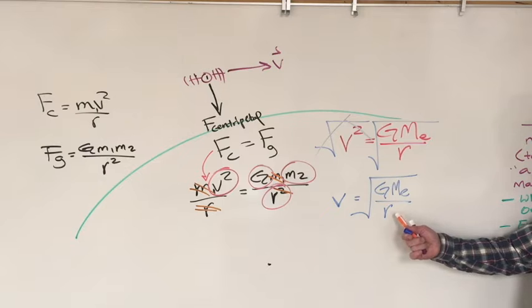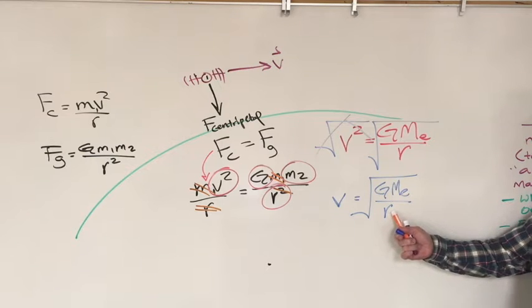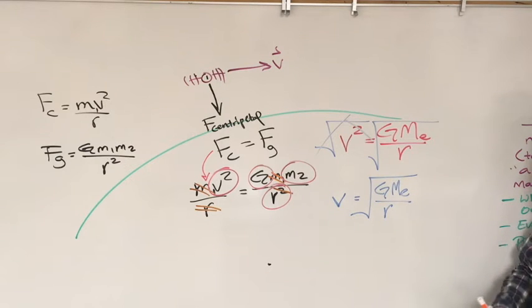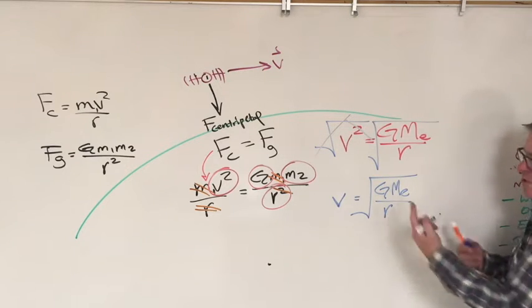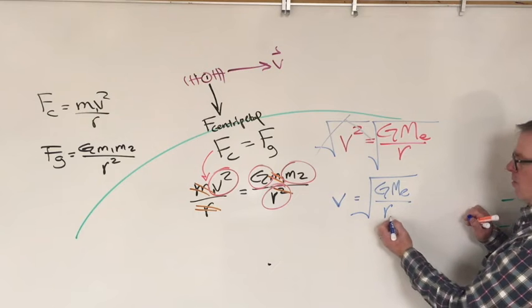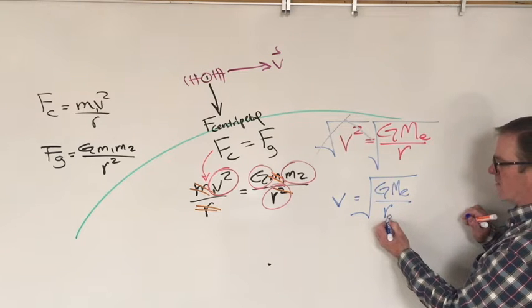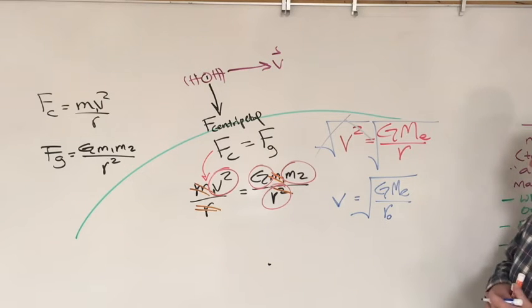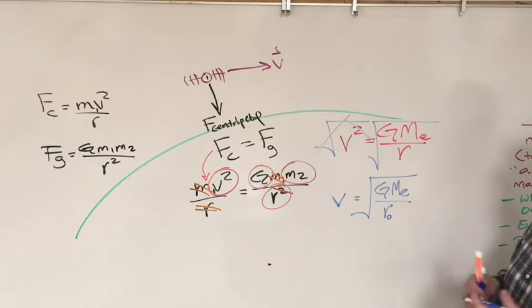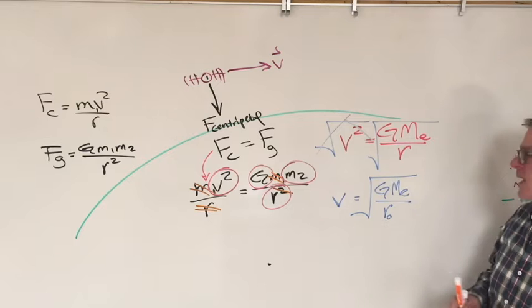Again, for a low Earth orbit, this would be the radius of the Earth. For a satellite that's 2 Earth radii away, this would be 2 times the radius of the Earth. This is the radius of the orbit. But for a low orbiting satellite, you probably just plug in the radius of the Earth.